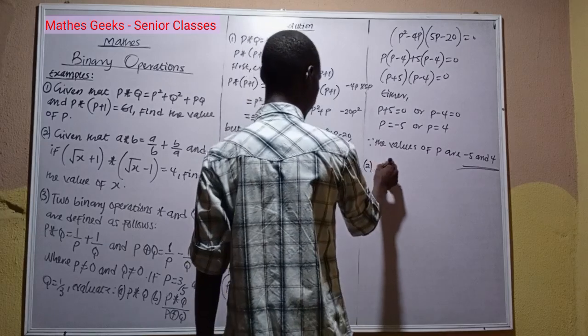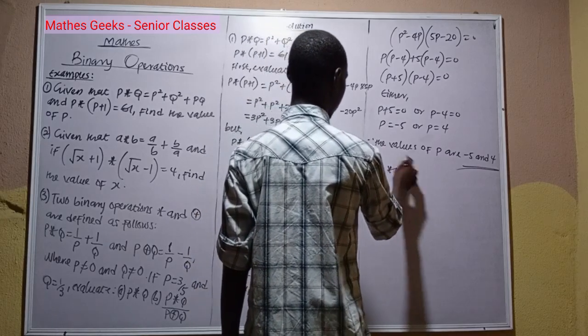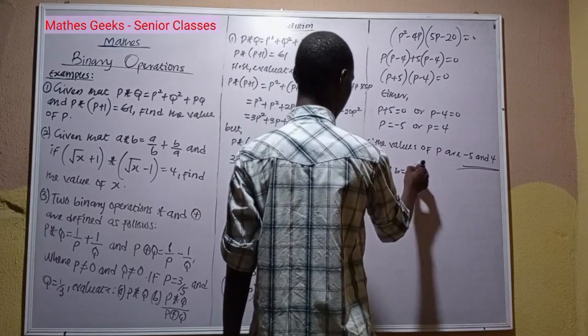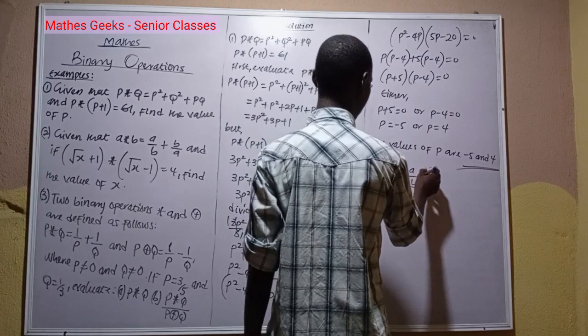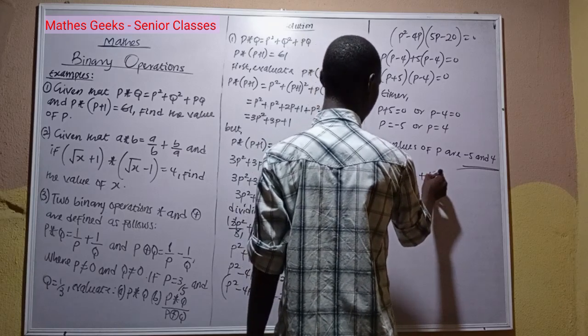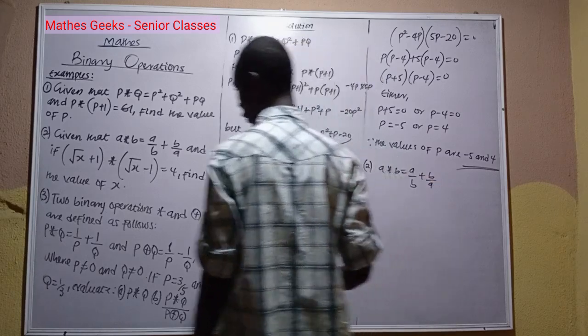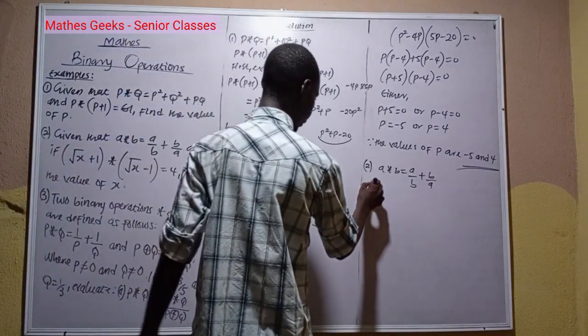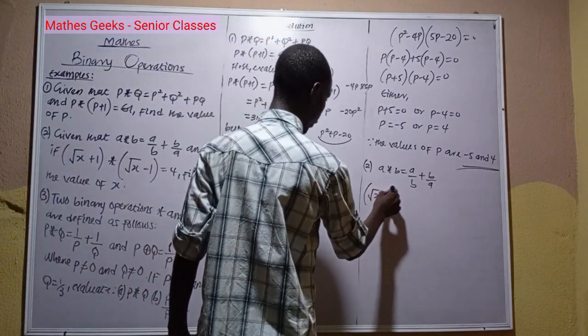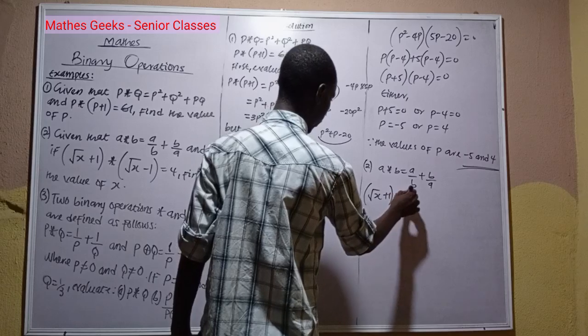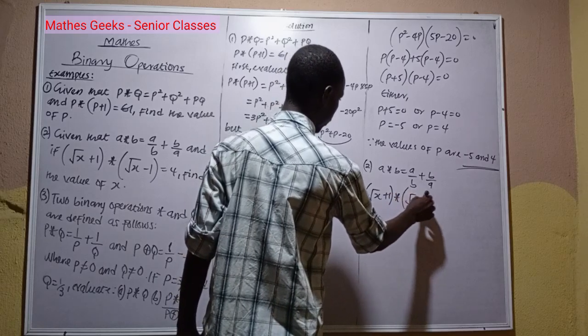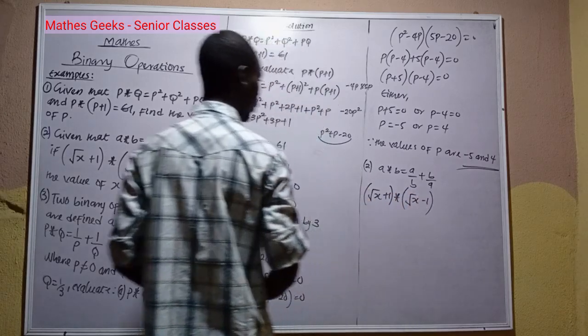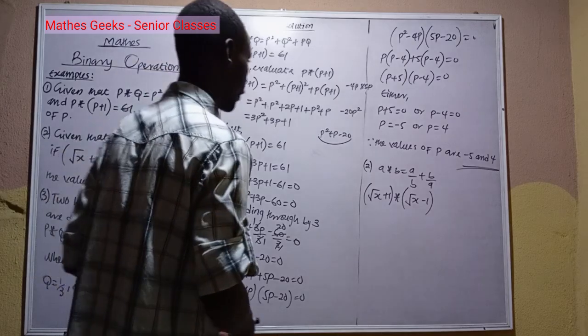Given that a star b is equal to a over b plus b over a, and we're given root x plus 1 star root x minus 1. Find the value of x.